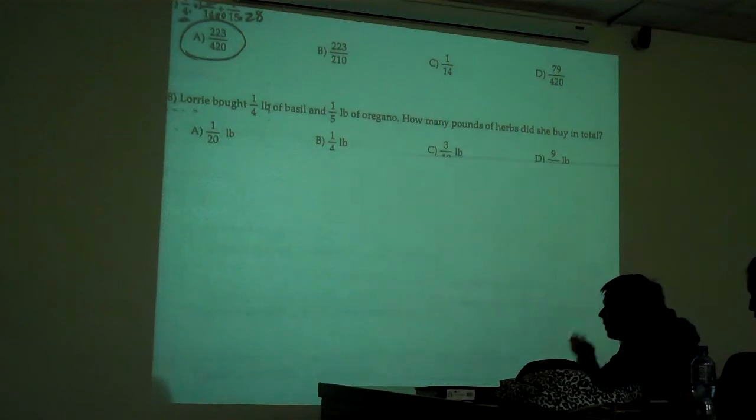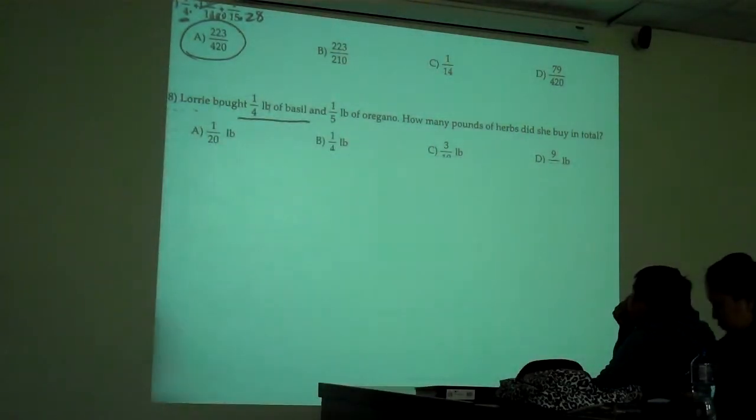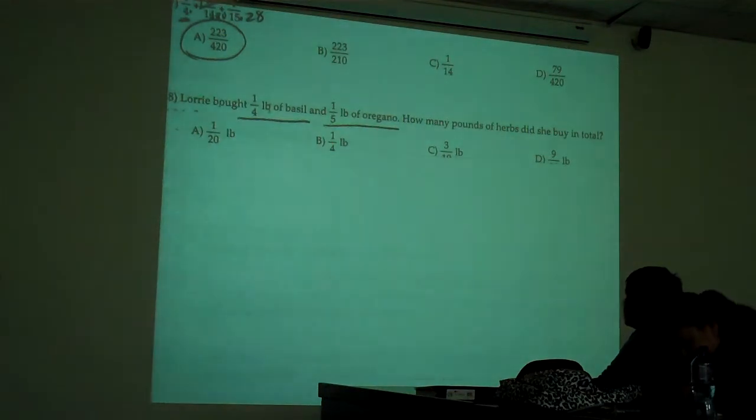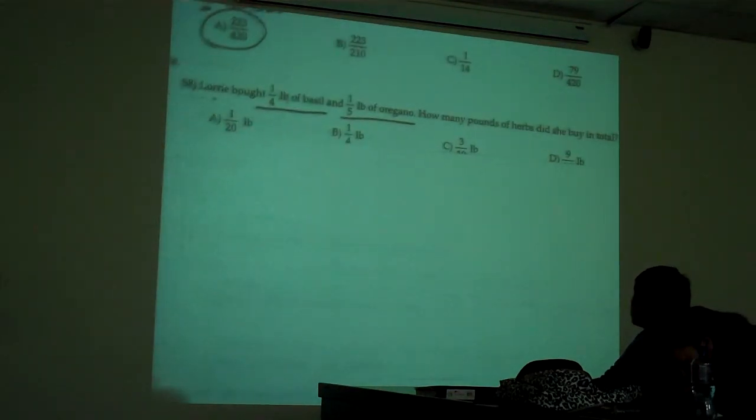Okay. Lori bought 1/4 of a pound of basil, 1/5 of a pound of oregano. How many pounds of herbs did she buy total?